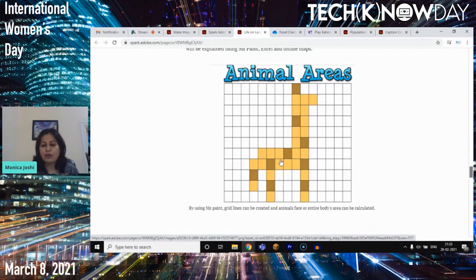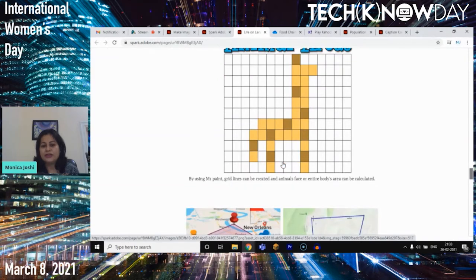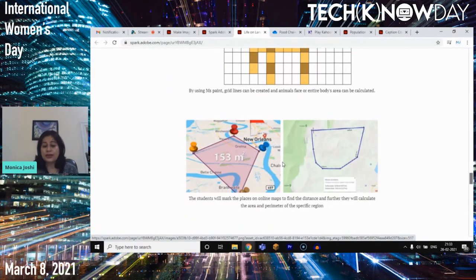There is a formula by which, using MS Paint, grid lines can be created on animal faces, and then for the entire body we calculated the area, and in a fun way I explained the area and perimeter by using a paintbrush. And also I explained the perimeter through Google Maps and Apple Maps also.